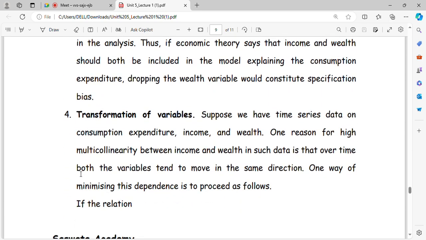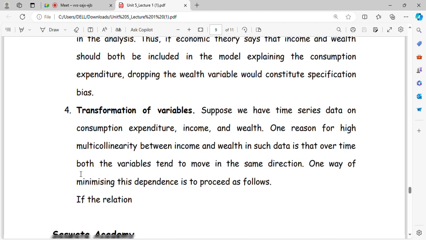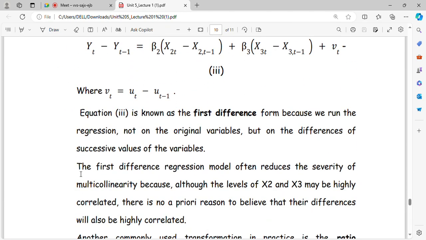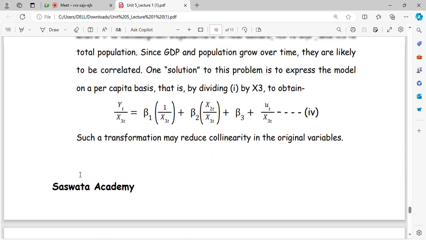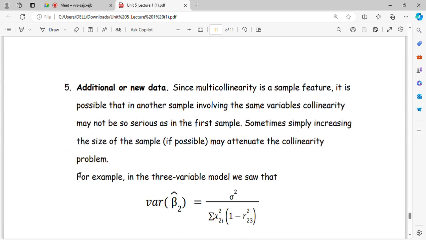The fourth one is very important: if we transform those variables, by first difference, or we can do it on a ratio basis. The last one is addition of new data.